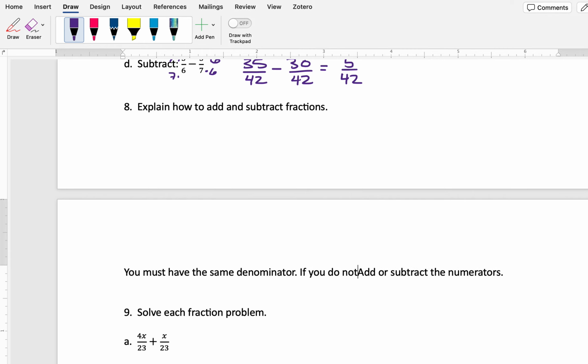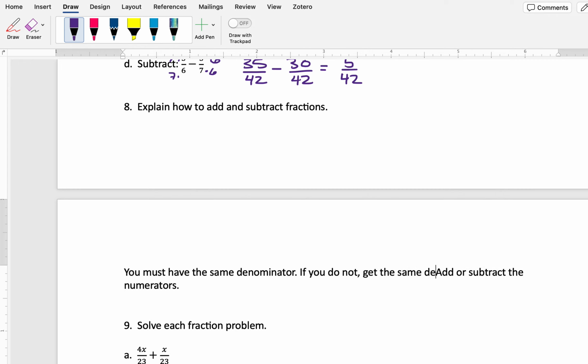If you do not, get the same denominator first by finding equivalent fractions. Then add or subtract the numerators, and the denominator stays the same.